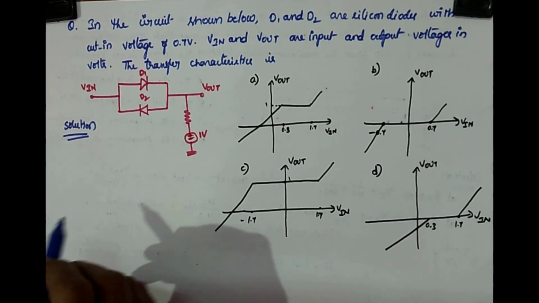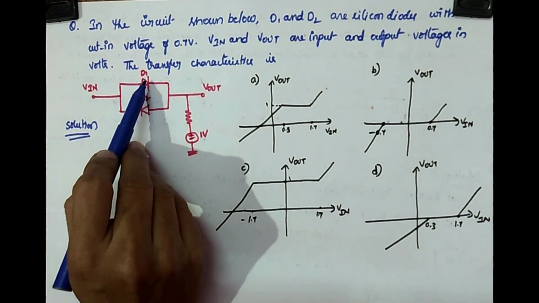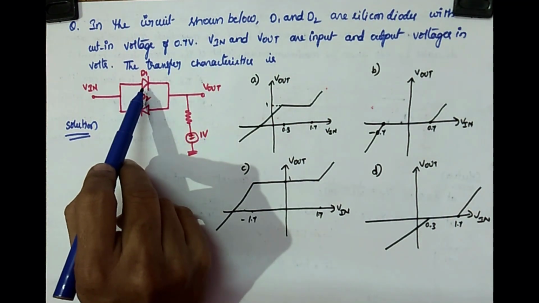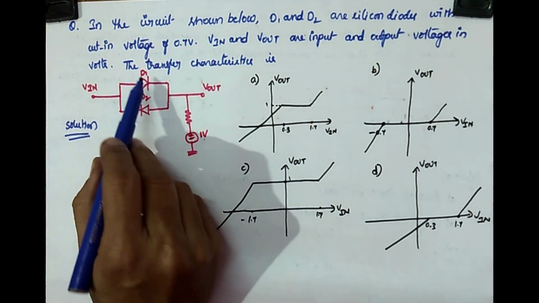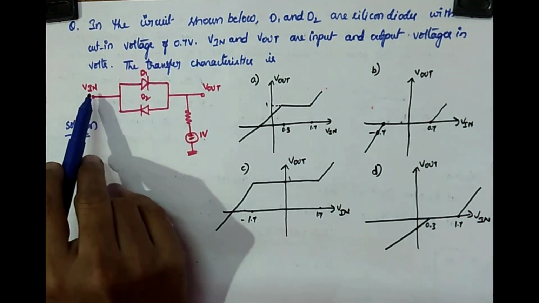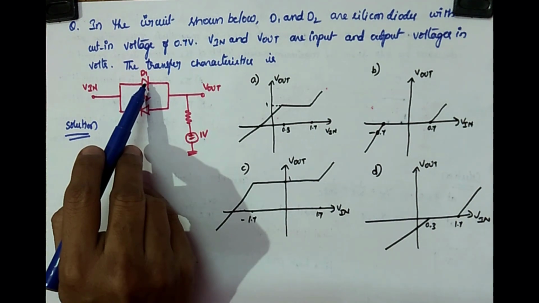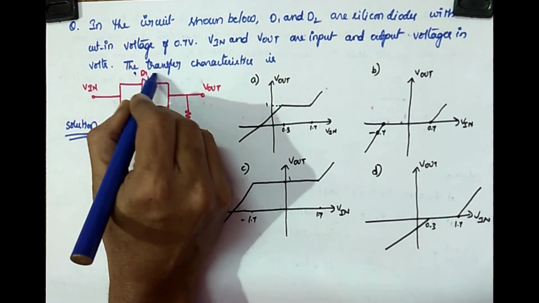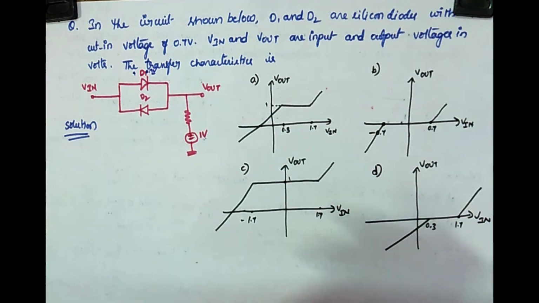Now see D1. The D1 cathode is connected to 1 volt and we know the D1 cut-in voltage is 0.7, which means across D1 we have 0.7 volts all the time. Now how much should Vin be to make D1 on? The cathode is at 1 volt and across the diode we have 0.7 volts, its cut-in voltage.